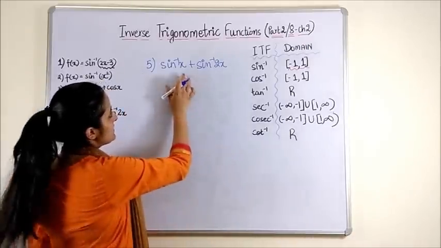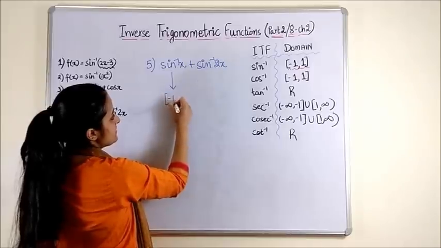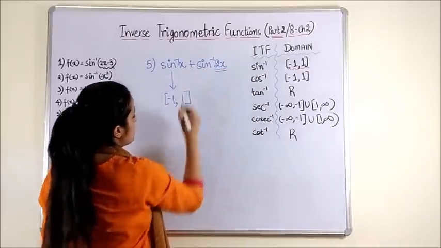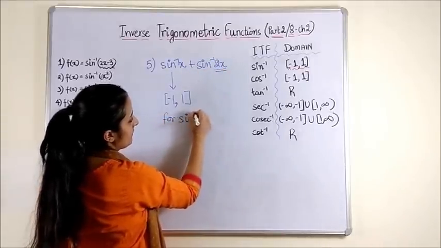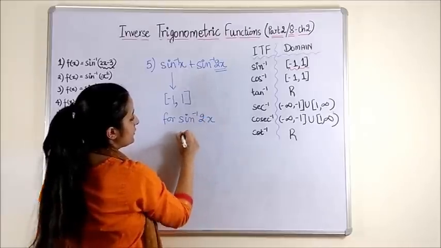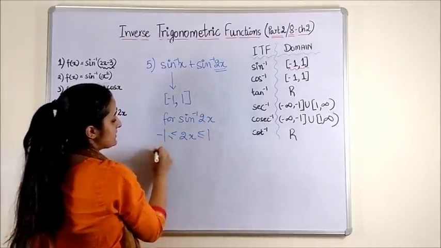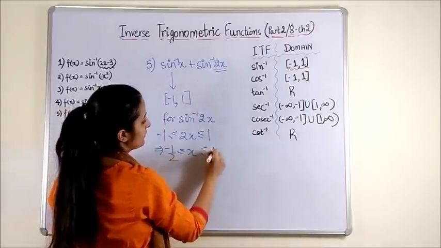So what we do in this case is, we already know the domain for sine inverse x is -1, 1. And talking of sine inverse of 2x, you know your 2x would lie between -1 and 1. This implies x has to be between -half and half.